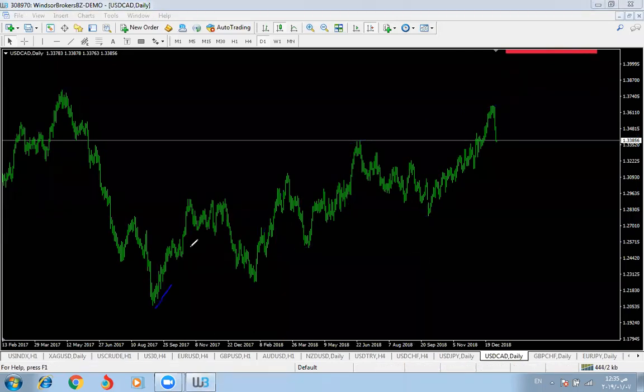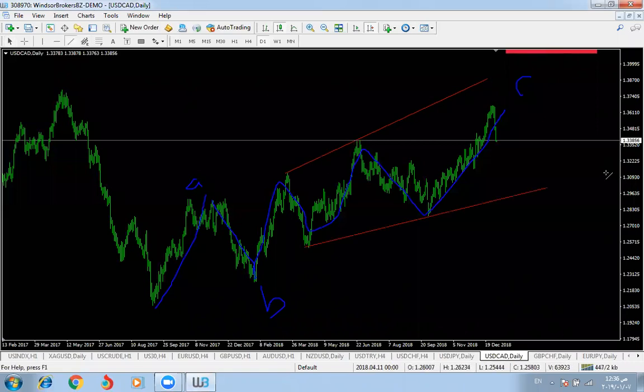This is move A. This is B. And this is C, 1, 2, 3, 4, 5, which was in the form of an expanding ending diagonal. This is an expanding ending diagonal, 1, 2, 3, 4, 5.